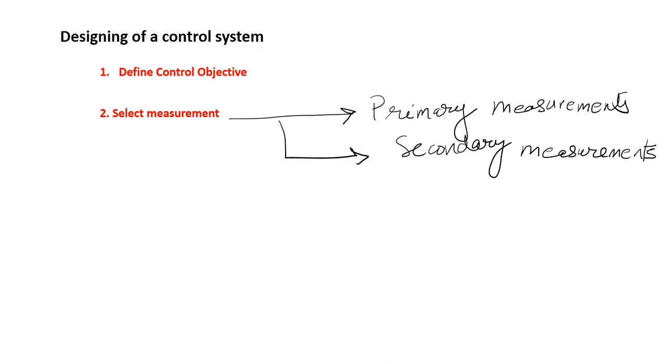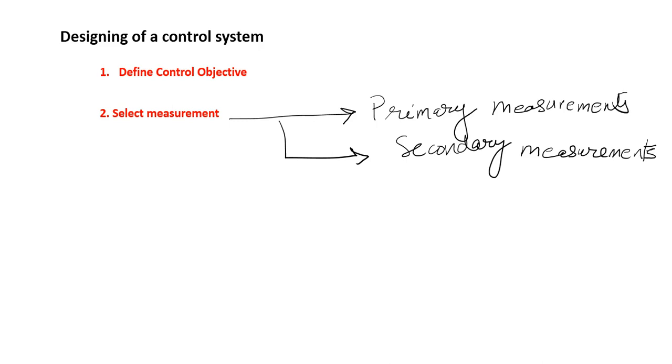Similarly, the flow rate. If the controller objective is to control the outlet flow rate, then my outlet flow rate becomes my primary measurement because it can directly be measured with the help of an orifice meter. Clear? Then there are certain objectives which cannot be measured directly, so they belong to a class of unmeasured outputs.